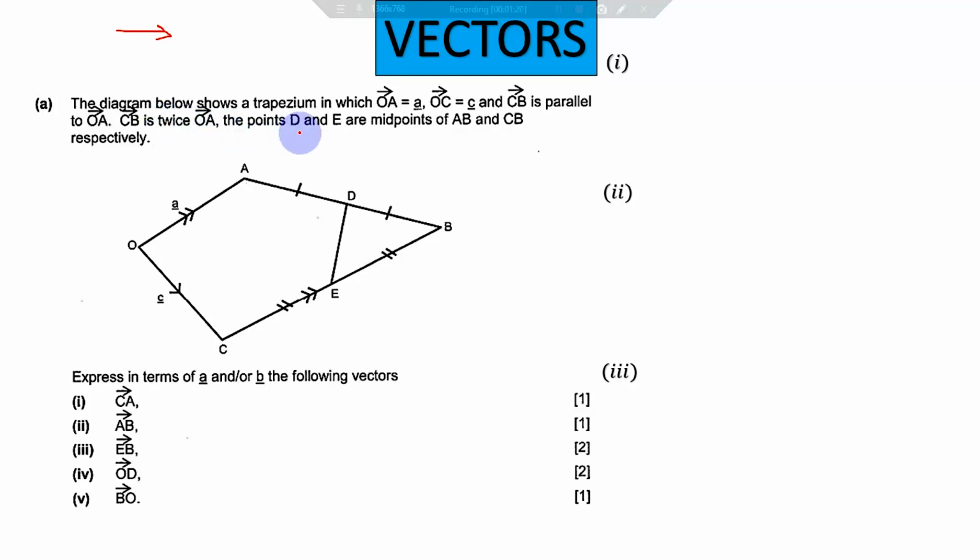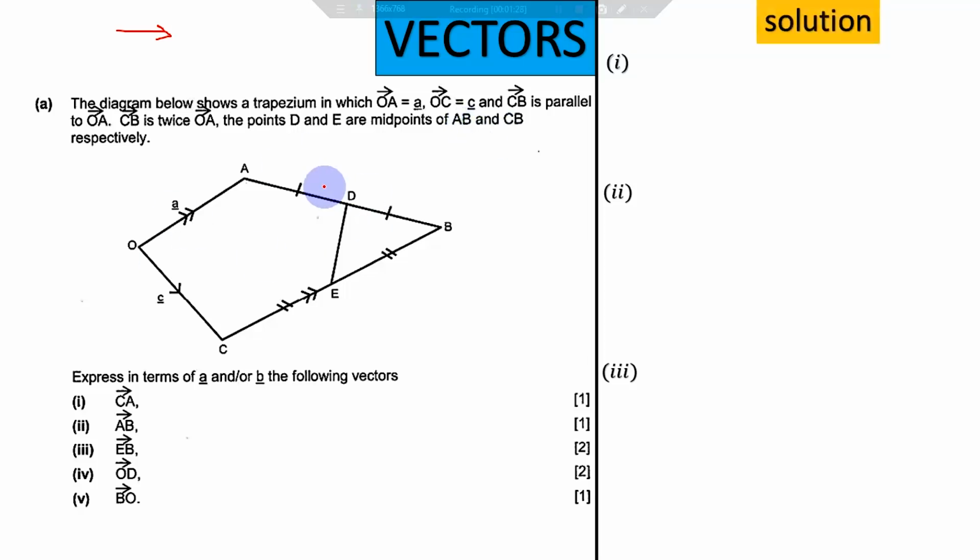The points D and E are midpoints of AB and CB respectively. This is the diagram. One most important thing when you're dealing with vector geometry is that you are supposed to read out the statements given, because if you miss out from the statements, then certain questions will not be possible.